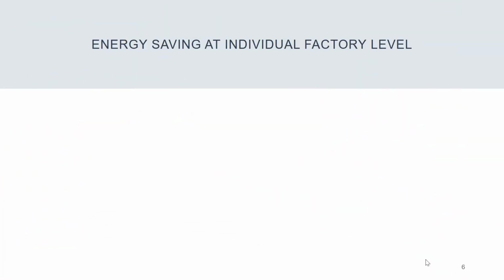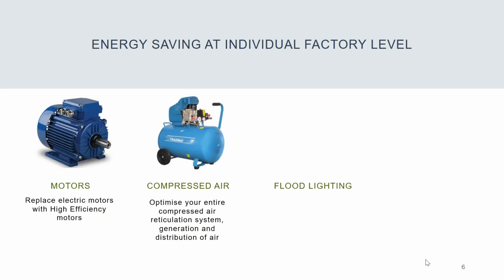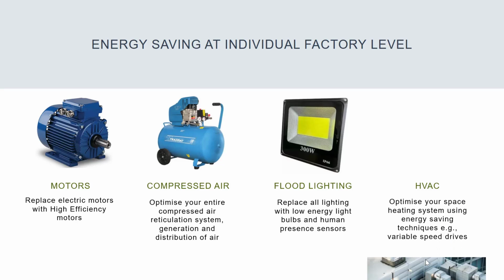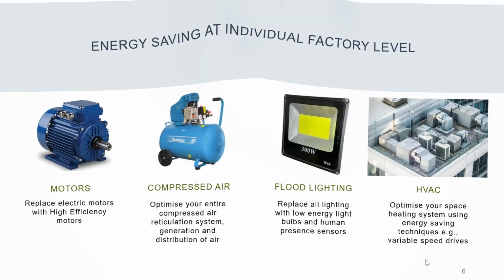There are also options for permanent load reduction opportunities, i.e. energy saving opportunities, including use of high efficiency electric motors, compressed air system energy optimization, conversion to energy-efficient flood lighting and indoor lighting based on human presence detection, HVAC energy optimization programs.